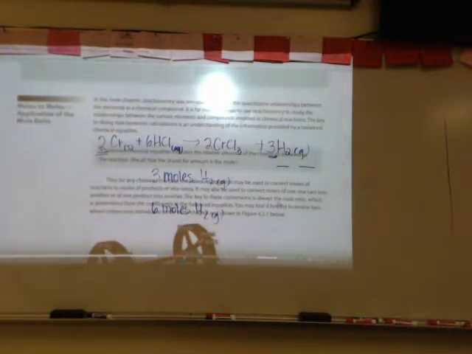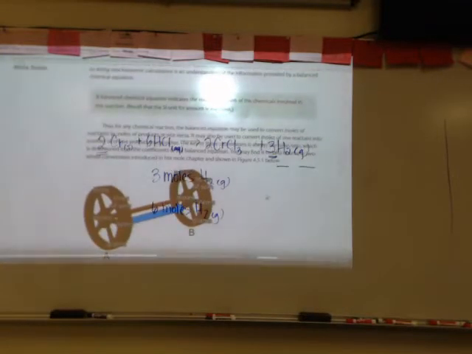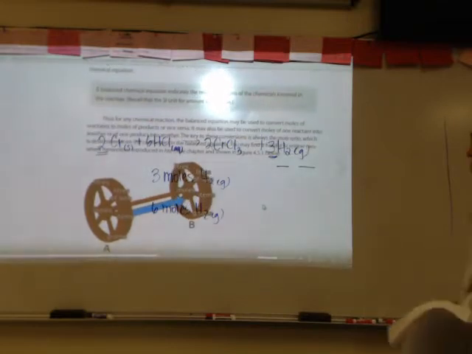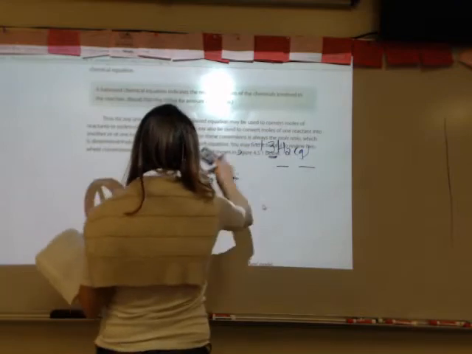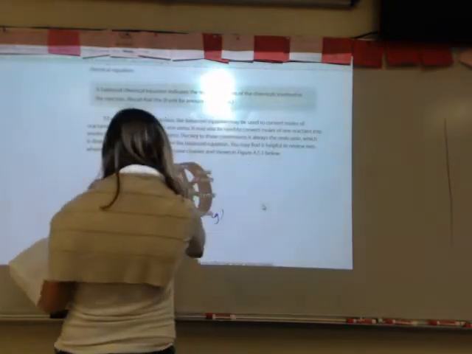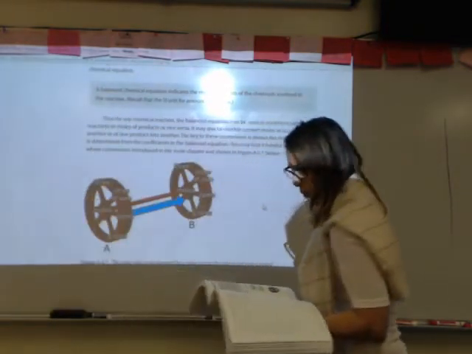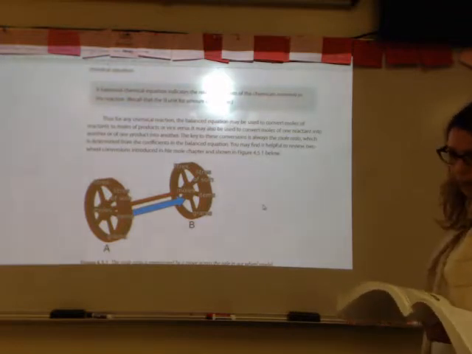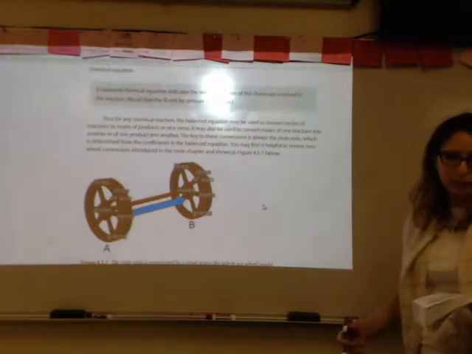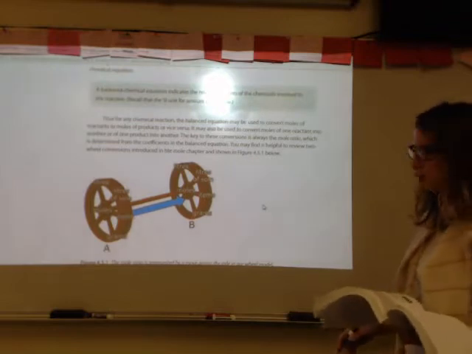Now, a balanced chemical reaction tells you the amount of chemicals that are involved. And we can use the coefficients to convert from moles of reactants to moles of products or vice versa. And we may also use it to convert moles of one reactant to moles of another reactant or moles of one product to moles of another product.